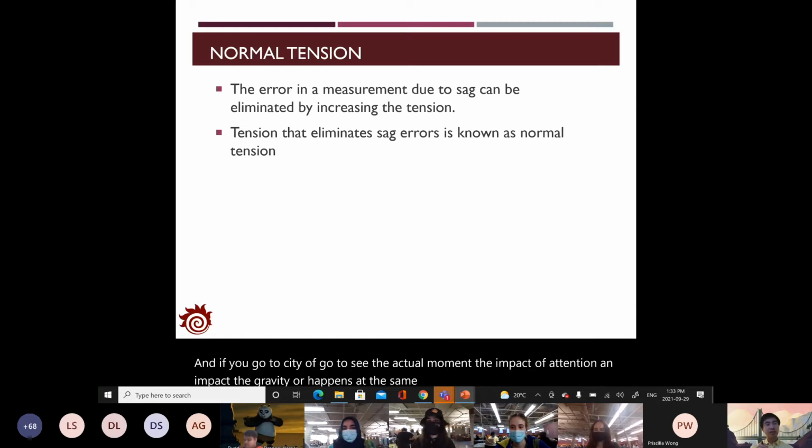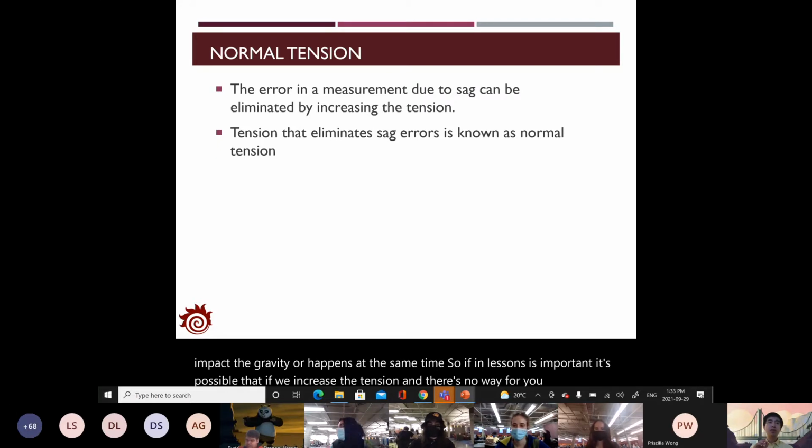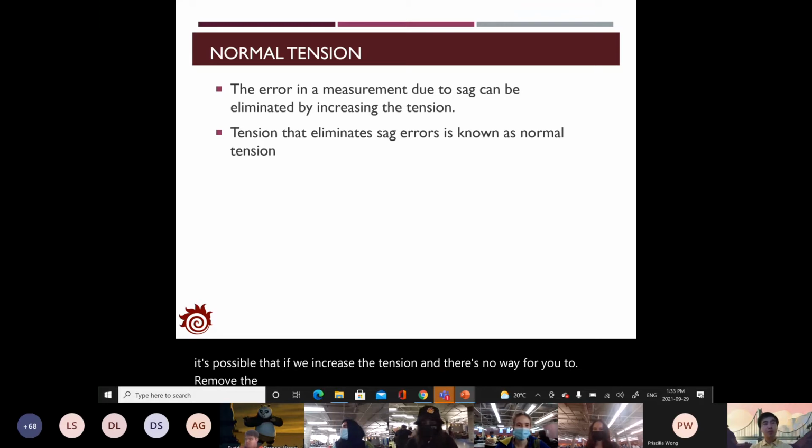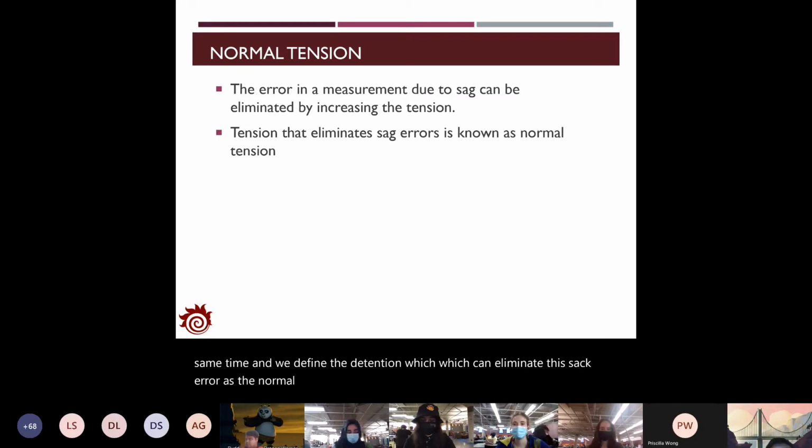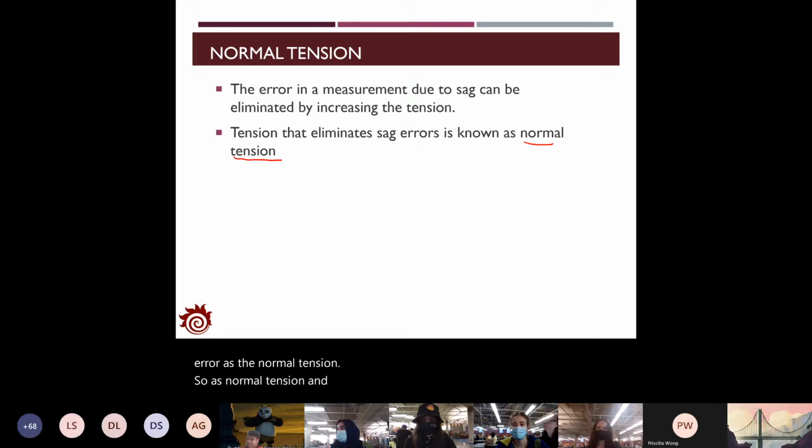So in that sense, it's possible that if we increase the tension, we can remove the errors from the tension and the sag at the same time. And we define the tension which can eliminate the sag error as the normal tension. That's the definition of the normal tension.